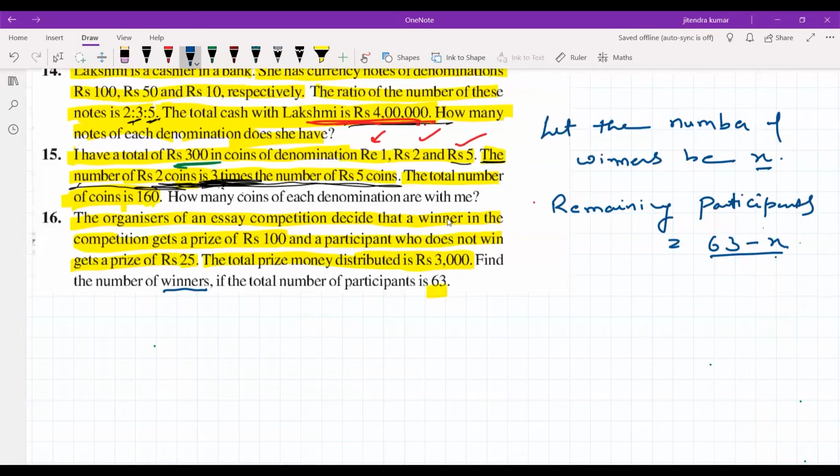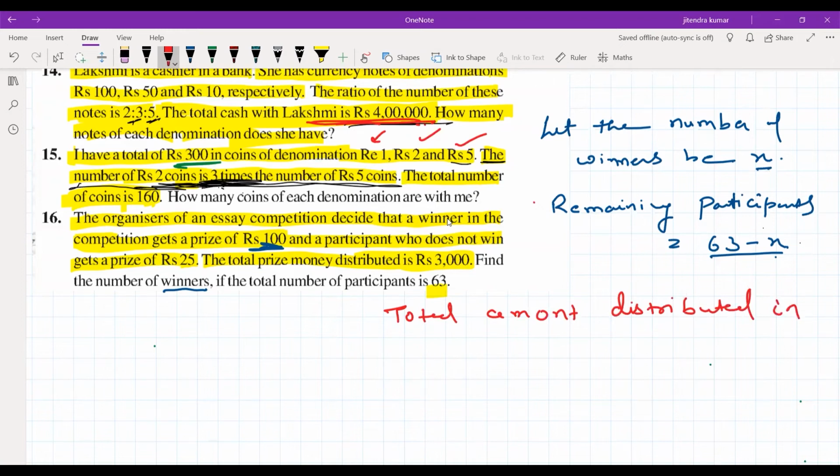Now as per the first line, winners are getting 100 rupees each, and the total amount distributed is 3,000 rupees.